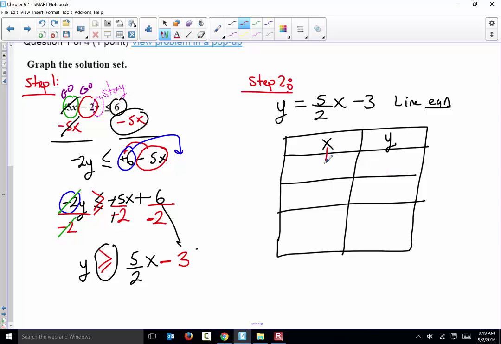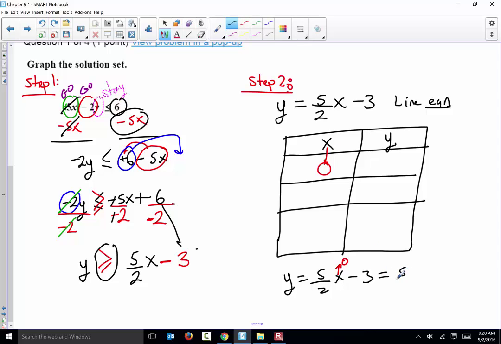Such as, pick something for x. What's the best value you can pick for x? 1.64? That's an ugly number. Choose something smooth. 0. As default, I recommend always going with 0. Why? Now we are going to compute y from this equation. So let me copy here. Your selection was 0 here, right? You selected x to be 0.